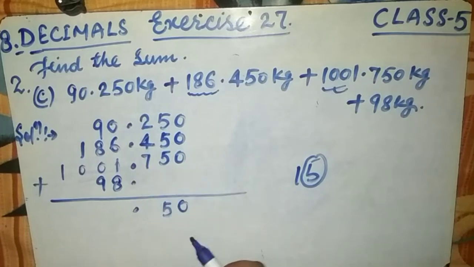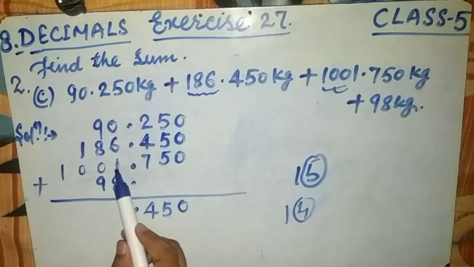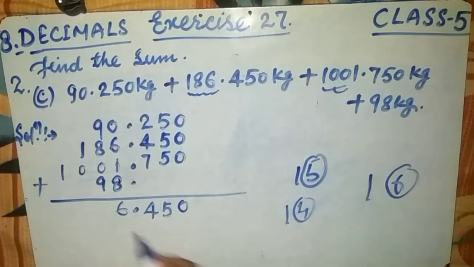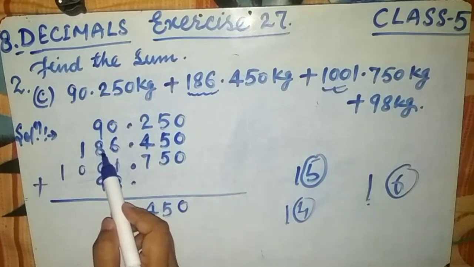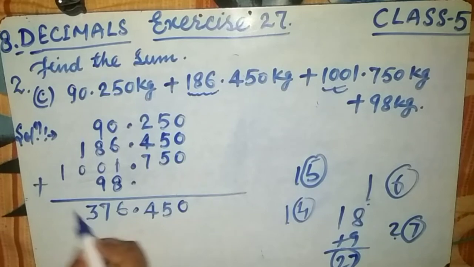Then 7 plus 4 is 11, 11 plus 2 is 13, 13 plus 1 is 14: 4 is here, 1 is carried. Now 8 plus 1 is 9, 9 plus 1 is 10, 10 plus 6 is 16: 6 is here, 1 is carried. Now 9 plus 1 is 10, 10 plus 8 is 18, 18 plus 9 is 27: 7 is here and 2 is carried, 2 plus 1 is 3, and 1 is 1.